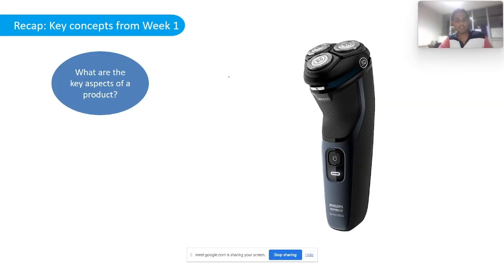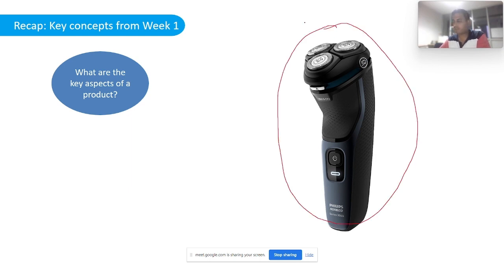Okay, so what you have seen in this particular slide is a product. Most of you might have seen this particular product, which is a shaver. This particular shaver has three rotating blades.